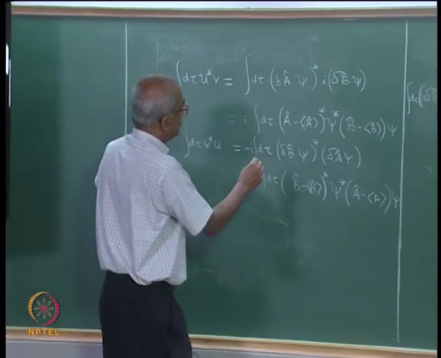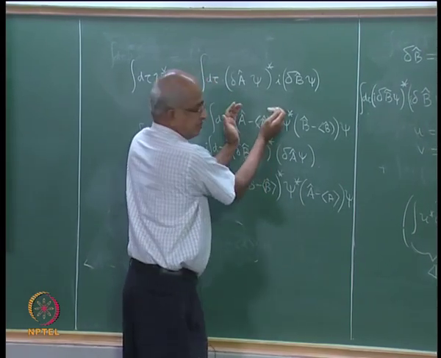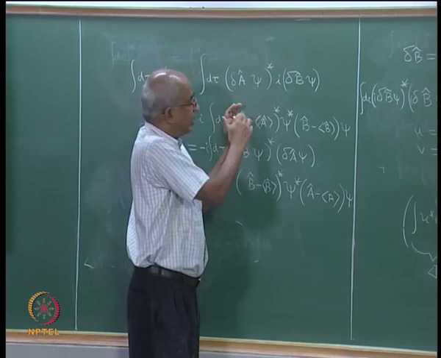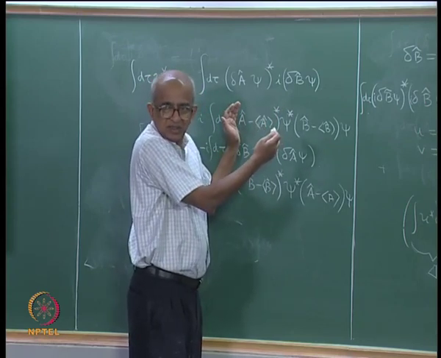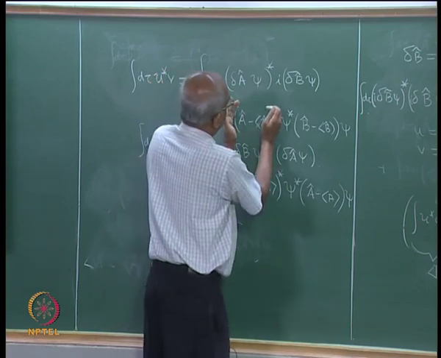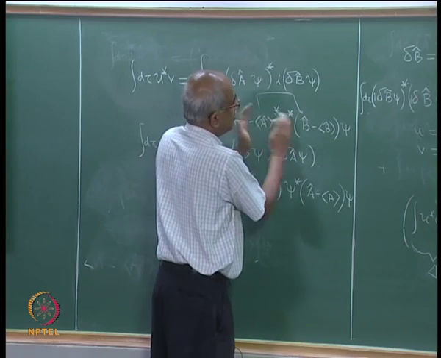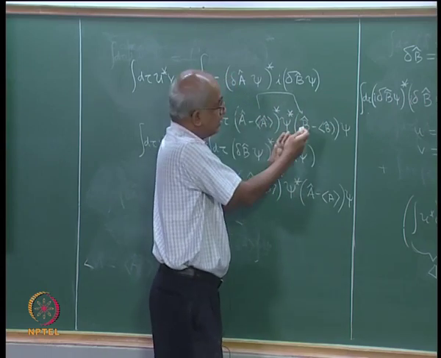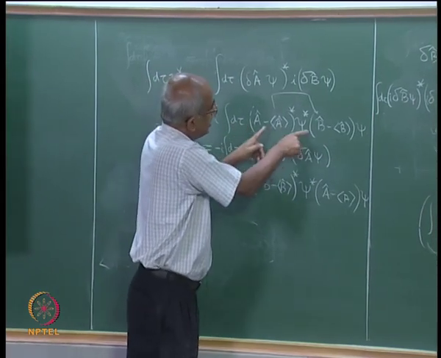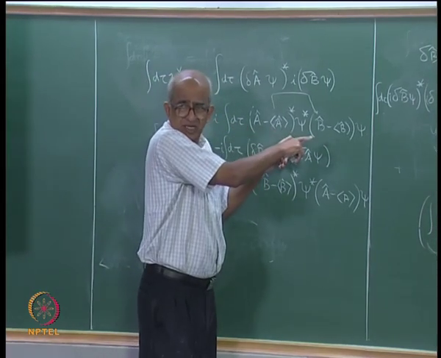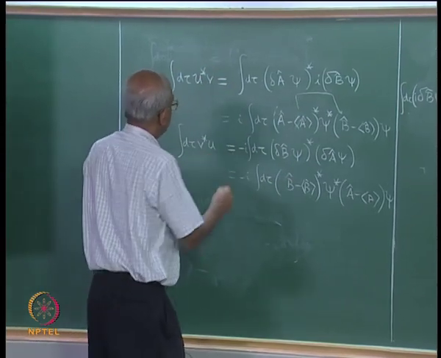I just want to see this whole thing is an operator, and A is a Hermitian operator, this is just a number, right. So what I can do is I can actually transfer and allow them to operate upon this. From here I can allow them to transfer to here and operate, and all that I will have to do is when I transfer I have to take the complex conjugate of that. So, let me do that as an intermediate step there.